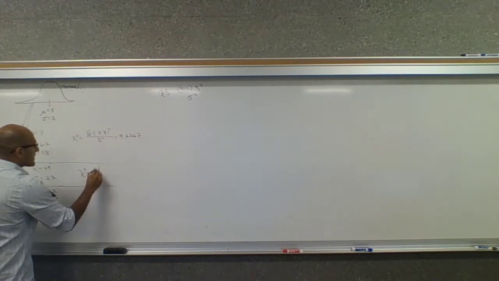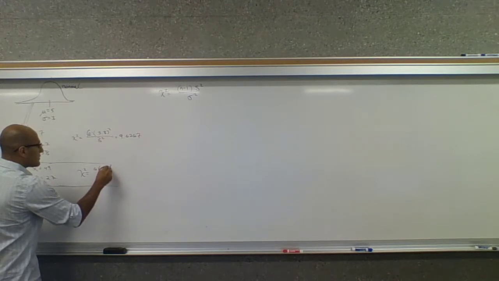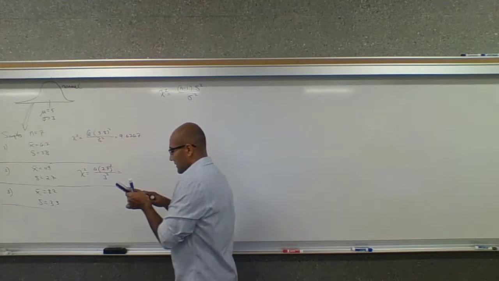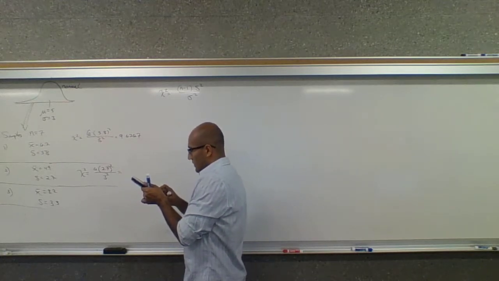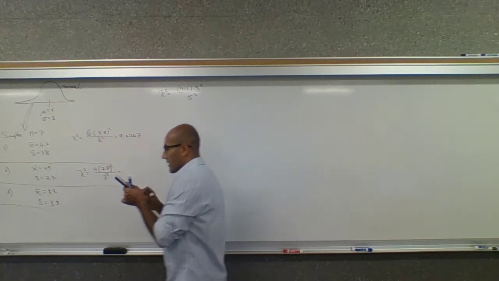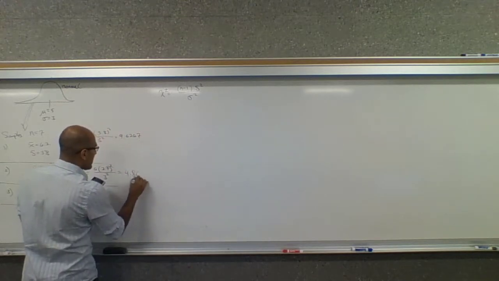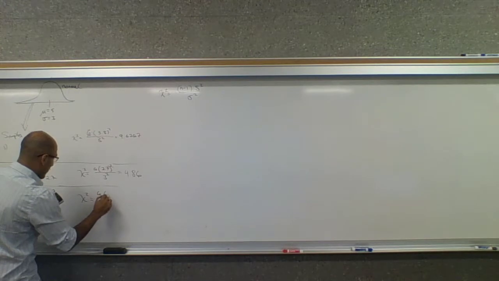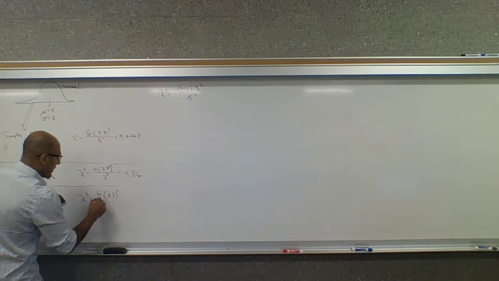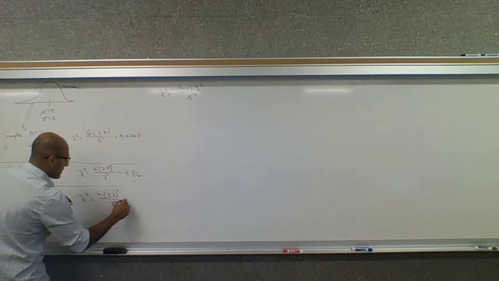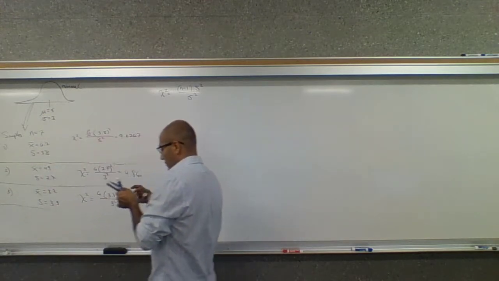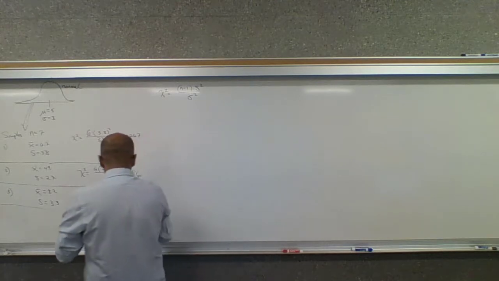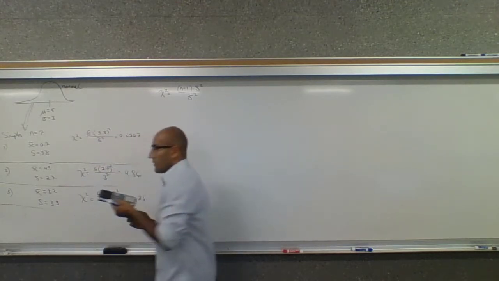This chi-squared will be 6 times 2.7 squared all over 3 squared, which is 2.7 to the power of 2 times 6 divided by 9. We get 4.86. Last one. Chi-squared of this one is 6 times 3.3 squared all over 3 squared, which is 3.3 to the power of 2 times 6 divided by 9. So we get 7.26, and so on and so forth.